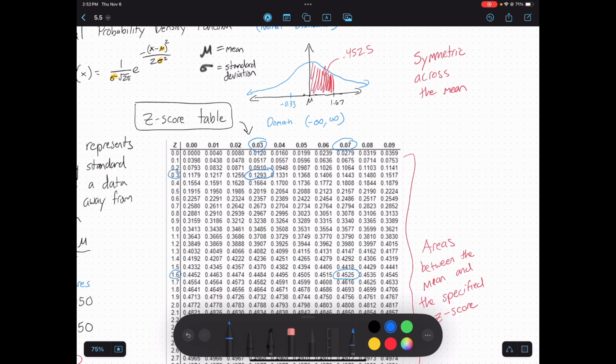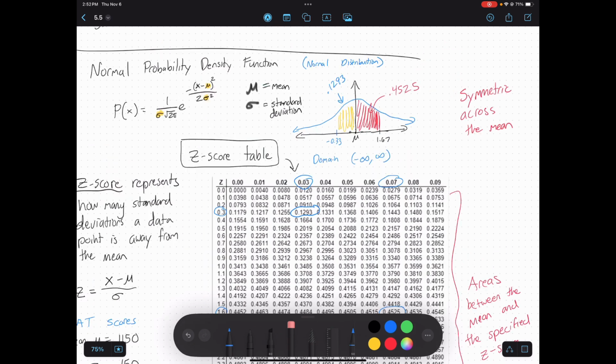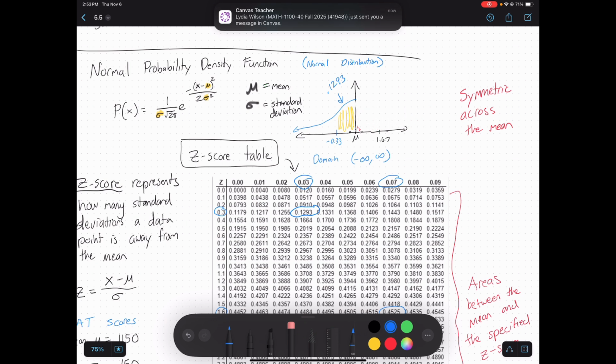And I get this area right here. So that means this area between the mean and negative 0.33 is 0.1293.